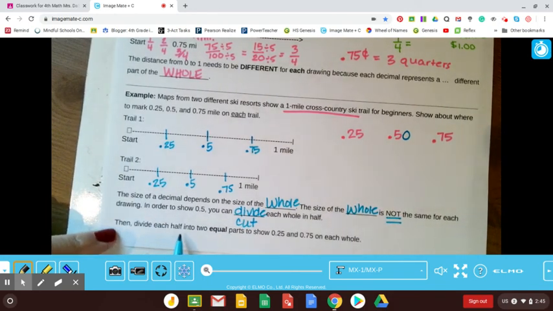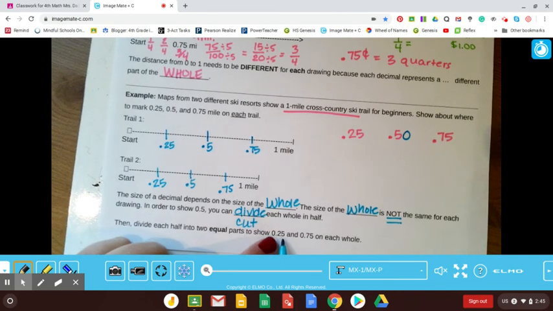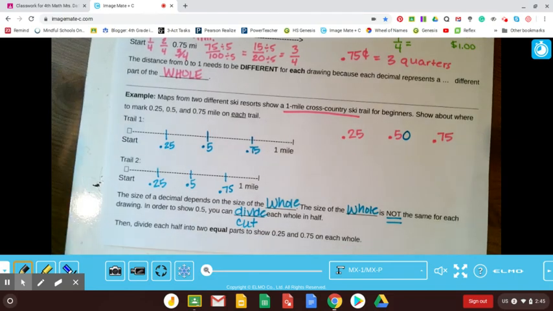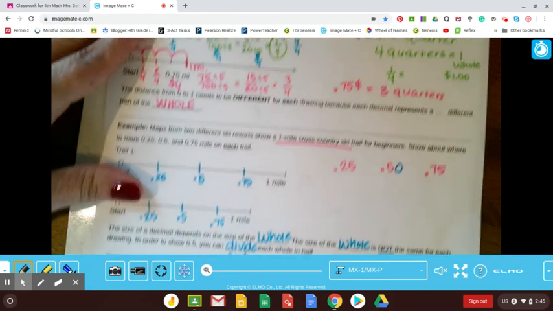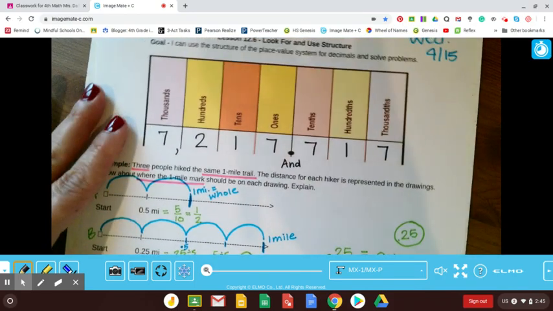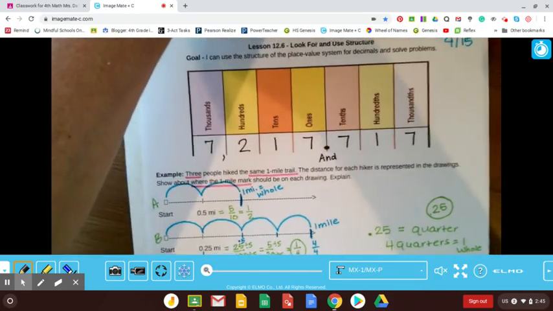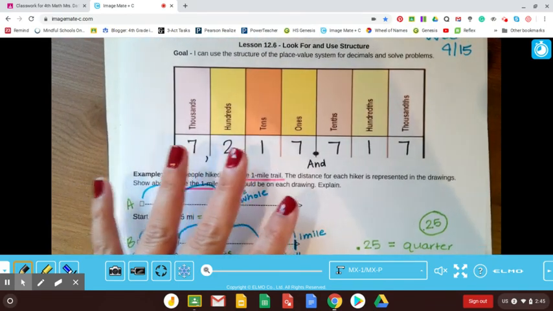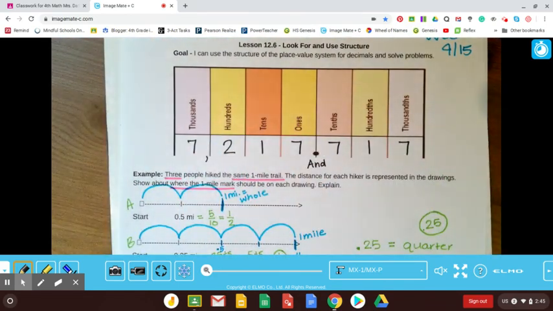And then divide each half into 2 equal parts to show 25 hundredths and 75 hundredths on each whole. And it's as simple as that. I hope that you were able to combine all of your knowledge of our work in topic 12 and be able to use structure and the place value system to really understand how decimals and fractions work in relationship with each other.